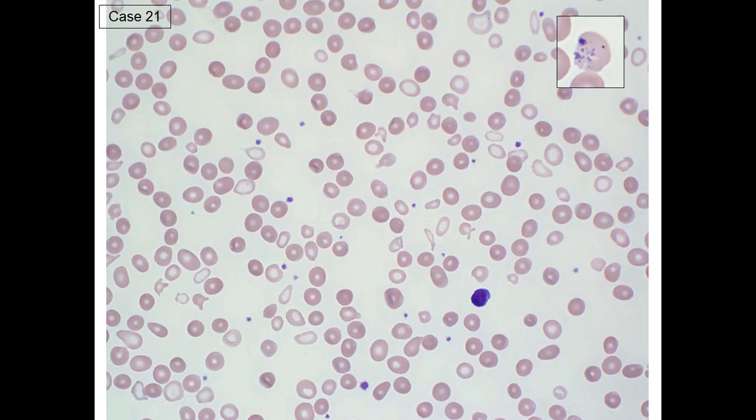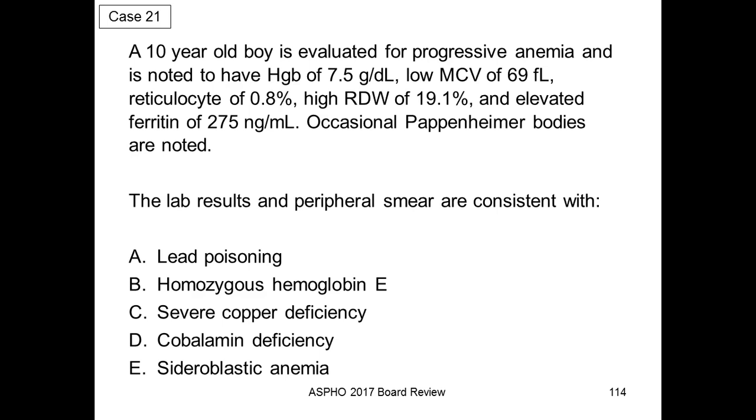Here's the peripheral smear again. So in this peripheral smear, we're predominantly focused on the red cells. The platelets in the field look normal, as does the one lymphocyte that's present. So this is a blood smear that would be characteristically seen in patients with sideroblastic anemia.